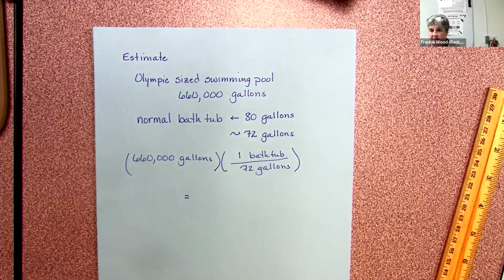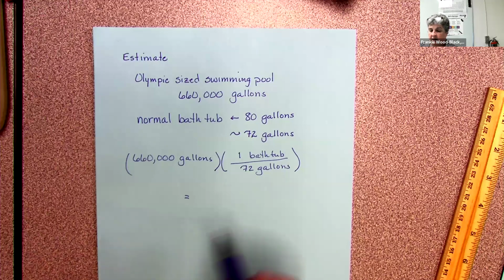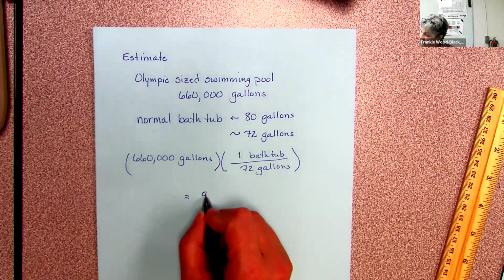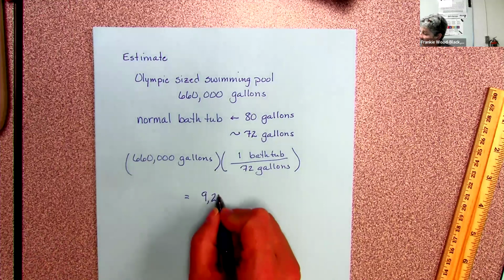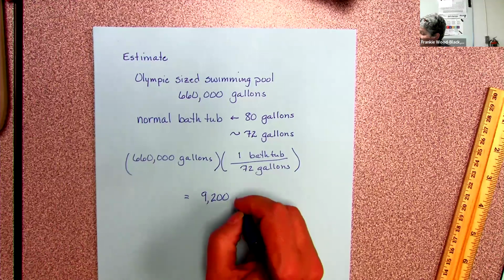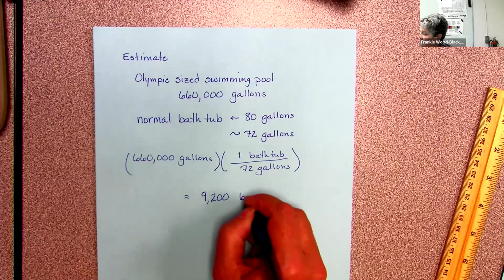And again, that's a number I'm not going to be able to do in my head at this time of day. 668,000 divided by 72 is about 9,200 bathtubs.